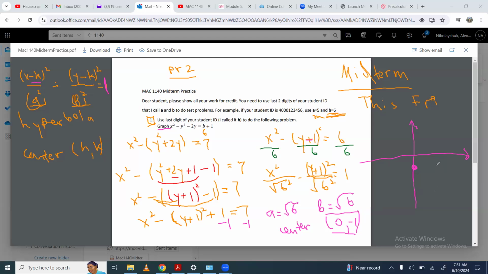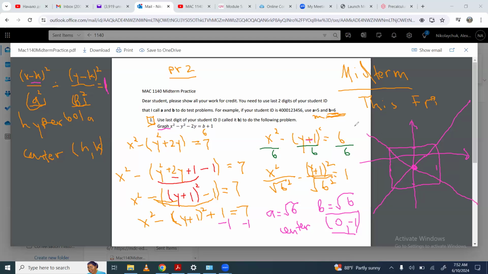So I go to the left, then to the right, and the same up and down. So I produce a little square here. And the key idea was to find its diagonals. Diagonals, so we know what the asymptotes of the hyperbola are.